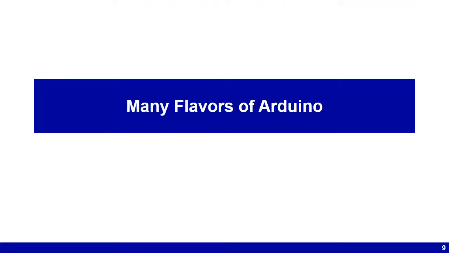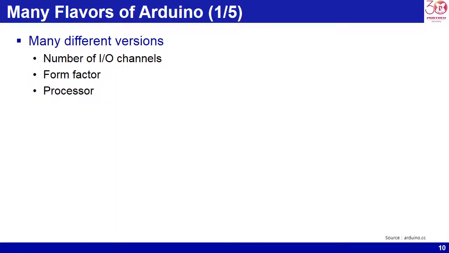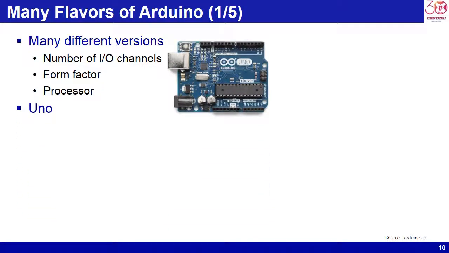Now, let's look at various flavors of Arduino. There are many different versions of Arduino board available. They are largely divided depending on the number of input-output channels, the form factor, and the built-in processor.